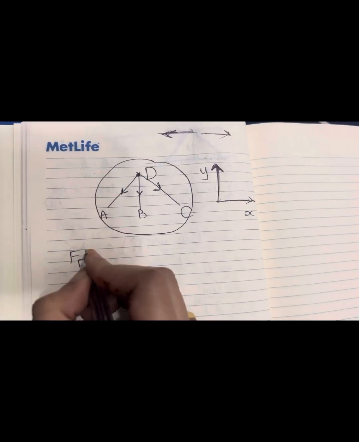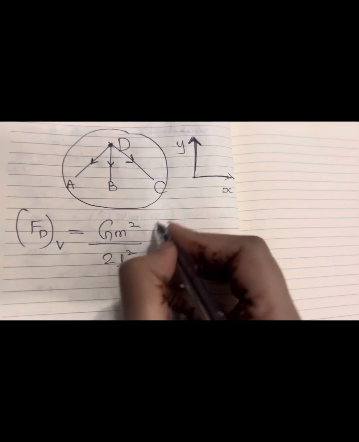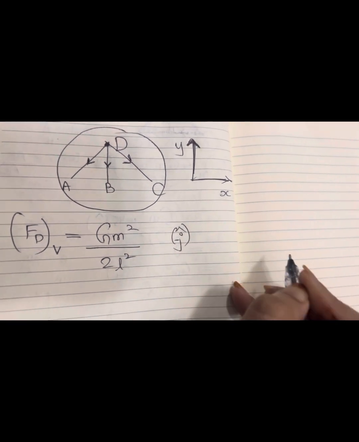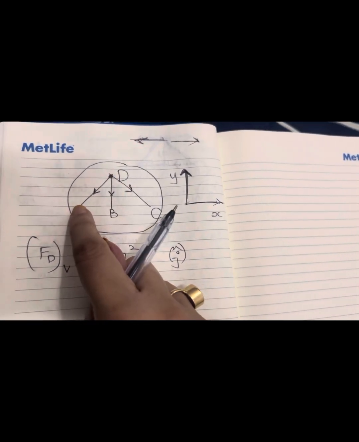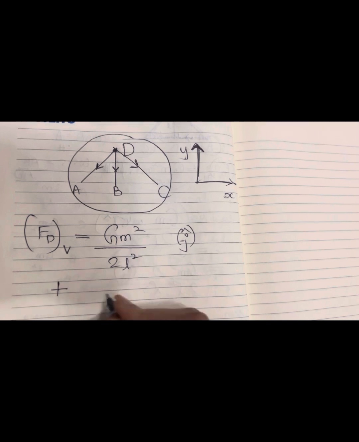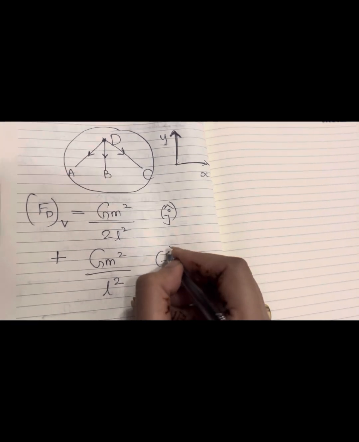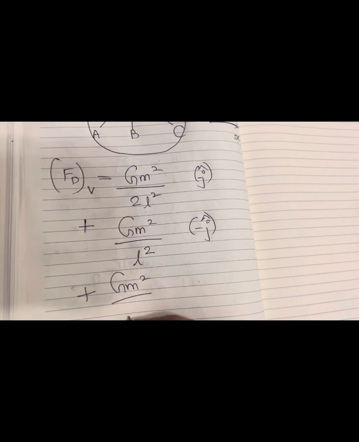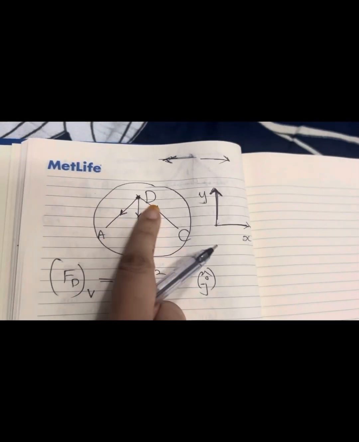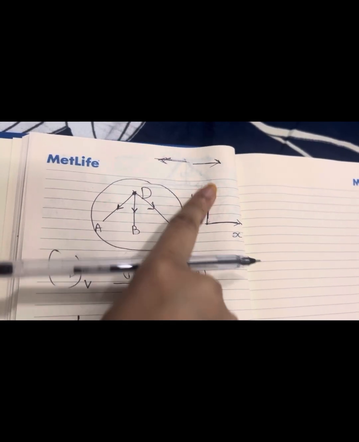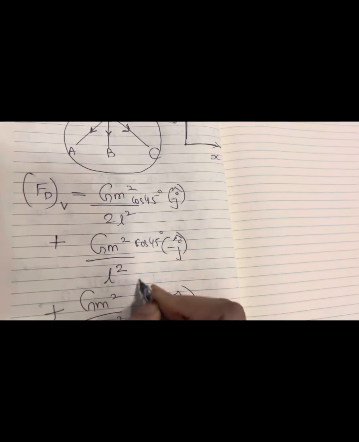So the force on D along the vertical component will be Gm square over 2L square because of A, minus j, minus because we are working on the vertical component, and the direction for A is downward while y is directing upward, plus Gm square over L square, again minus j hat, plus Gm square over 2L square, and again minus j, because all the three directions are towards downward and the vertical component is towards upward. We will have cos 45, cos 45 and cos 45.